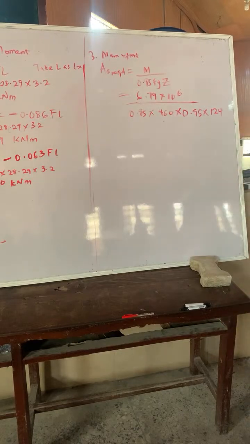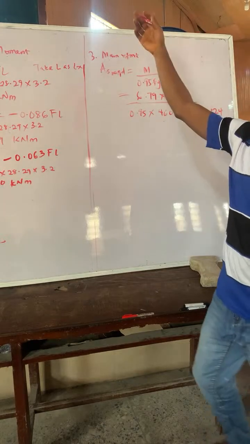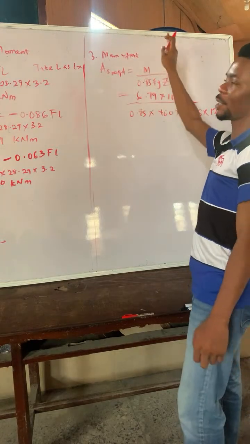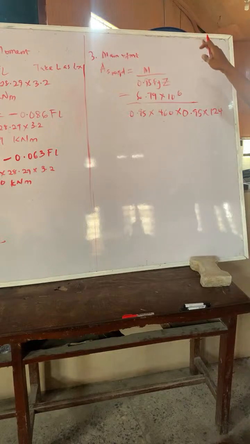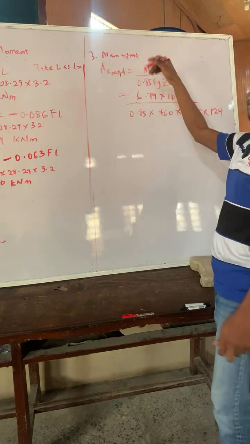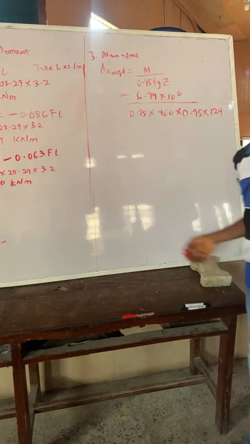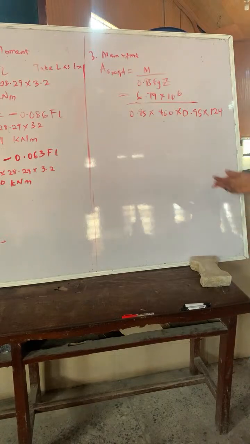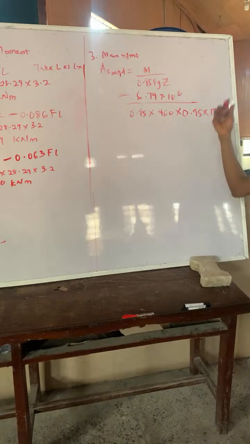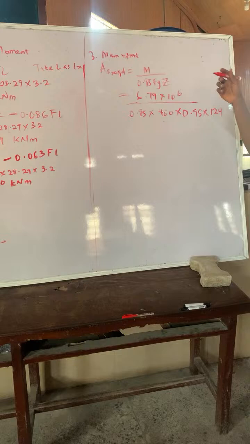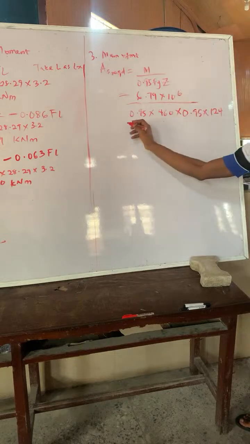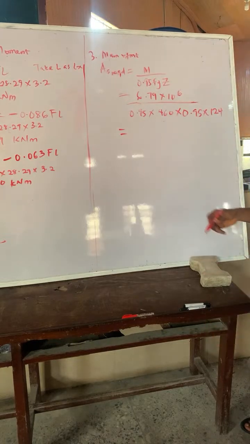Do we get our As? We are solving for our As required. That is for the main reinforcement required. Yes, that is like area of steel required. You get area of steel, main steel required. Main reinforcement, you see the same. Main steel required. So what is our answer?